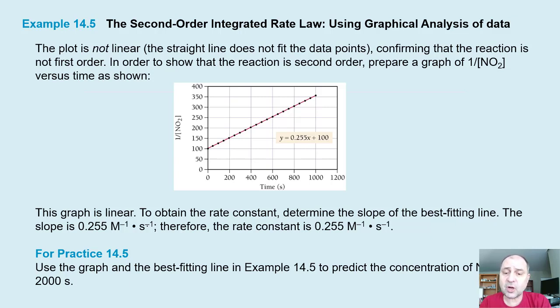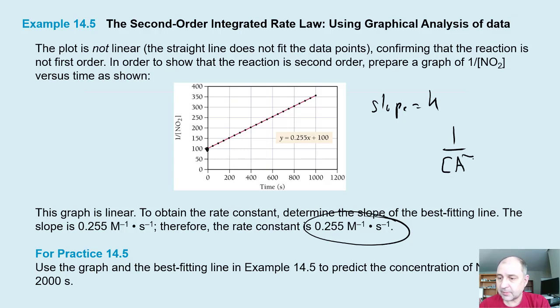And you can determine the equation, the intercept here, and so here, as we said, the slope is going to be equal to k. Since we have the actual equation, we also know what 1 over A at the initial concentration is, that's your intercept. That's going to be plus 100.